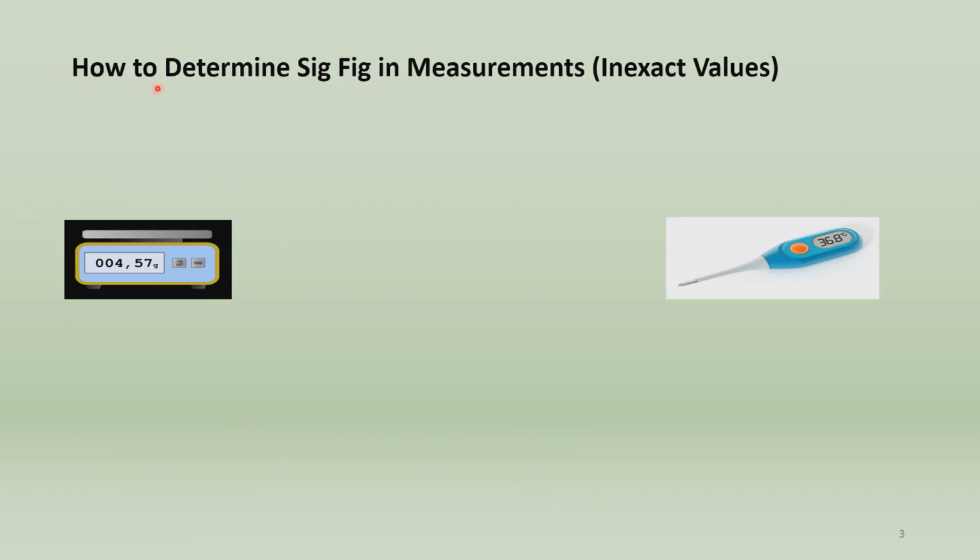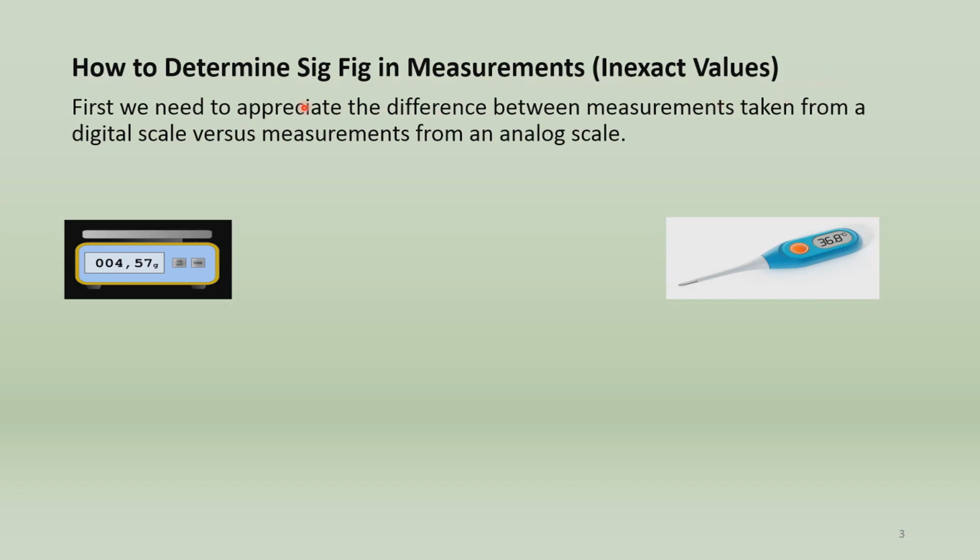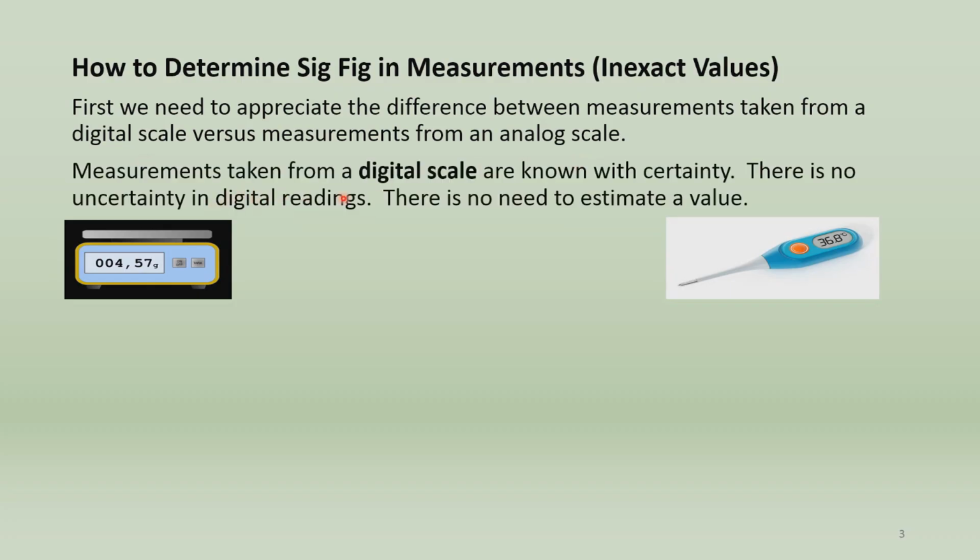So how do we determine sig figs in measurements, which are an example of inexact values? Well, first you need to appreciate the difference between measurements taken from a digital scale versus measurements taken from an analog scale. Measurements taken from a digital scale are known with certainty, so there's no uncertainty in digital readings.